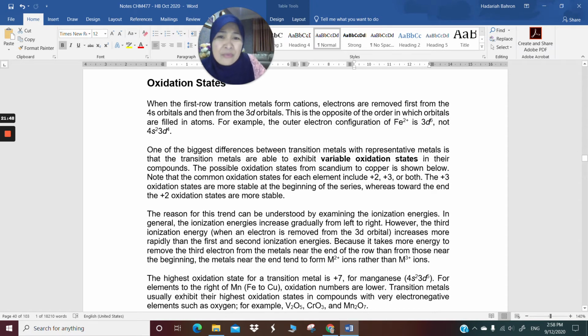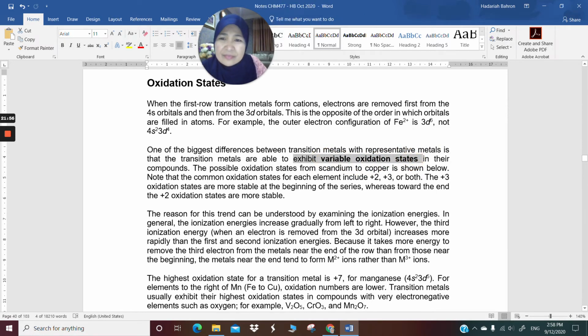You're going to have variable oxidation states. One of the biggest differences between transition metals and representative metals is that transition metals are able to exhibit variable oxidation states in their compounds.